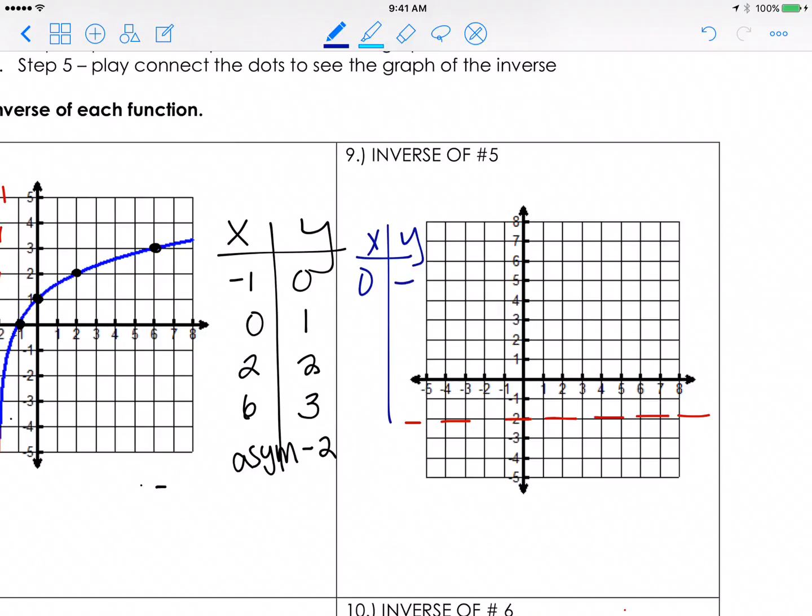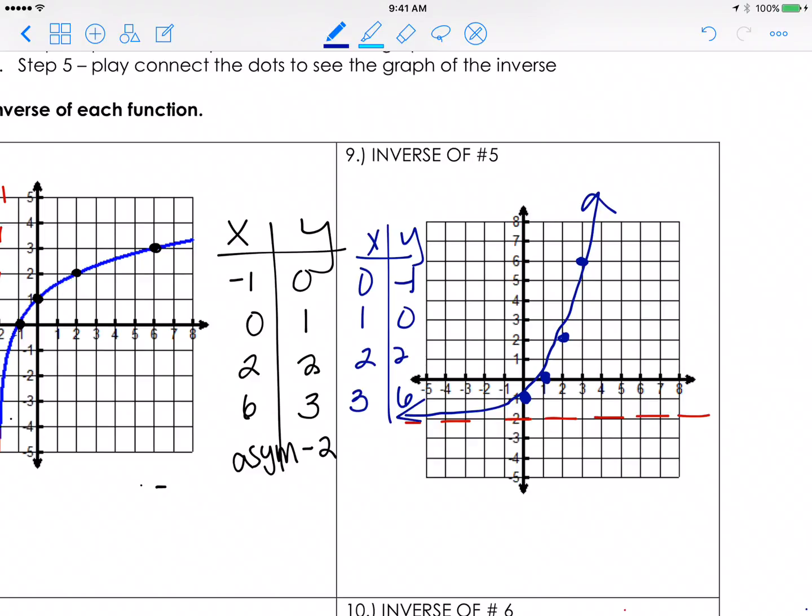So we have 0, negative 1. So 0, negative 1 is right about there. 1, 0. 2, 2. And 6, 3. So now you can see as it goes towards your asymptote and then it goes up.